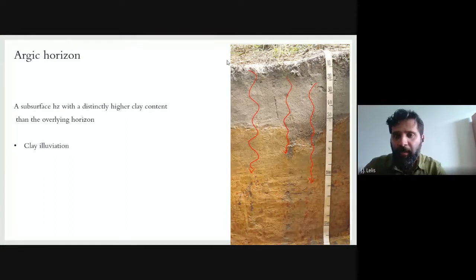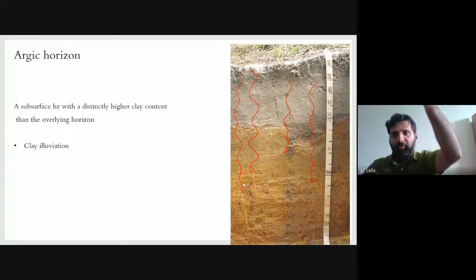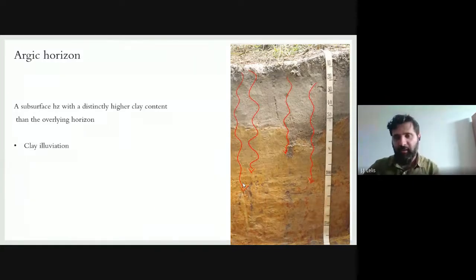So clay, once it is released by the ped, once it's not inside the aggregate, could migrate with water, because clay is a very thin and light particle. So it could migrate through the voids, through the pores, and concentrate in the subsurface horizon.